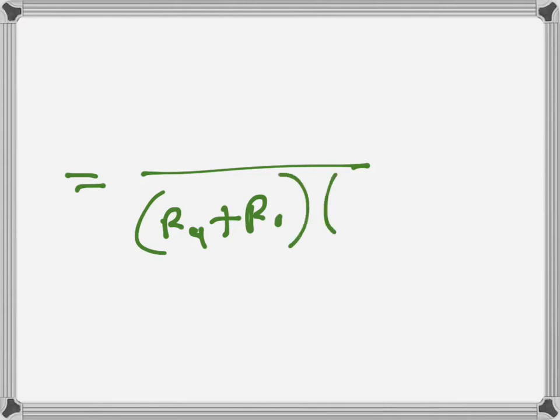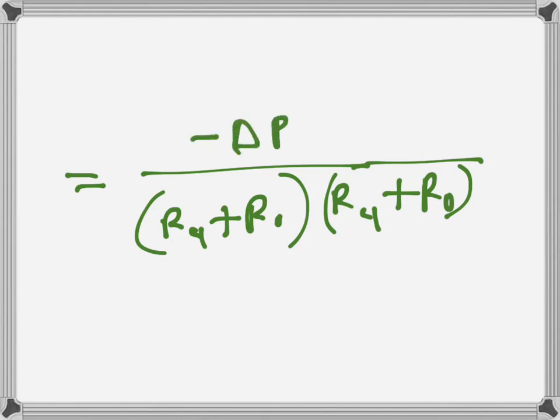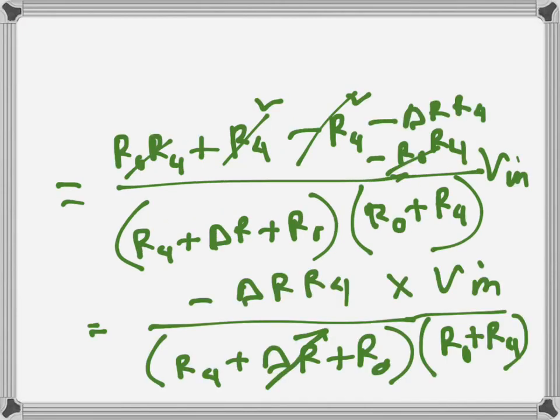So now it becomes R4 plus R0 times R4 plus R0. The del R term in the numerator can't be ignored, because it is a multiplication, it matters, but in the denominator it is just added with R0, the total resistance, and since it is much less than R0, we can ignore that term.